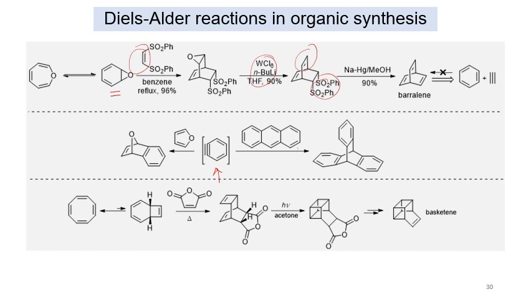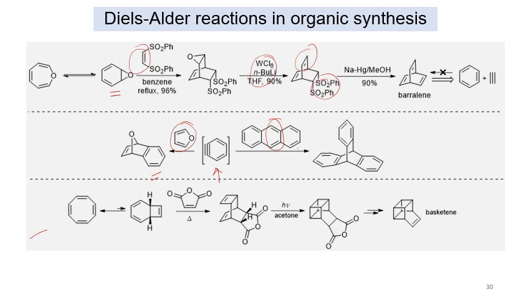So you can see here it reacts with furan to give you this particular cycloadduct, whereas it reacts with anthracene at the 9 and 10 position, as the central ring is more or less like an isolated non-aromatic system, therefore giving you a diene-like property, and this leads to a very efficient 4+2 cycloaddition.